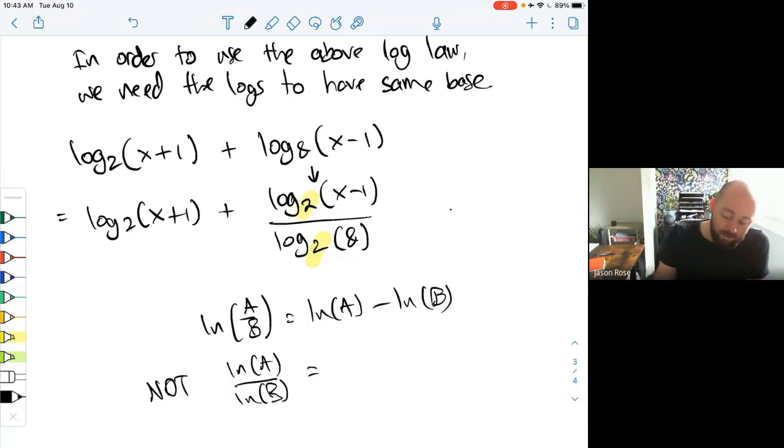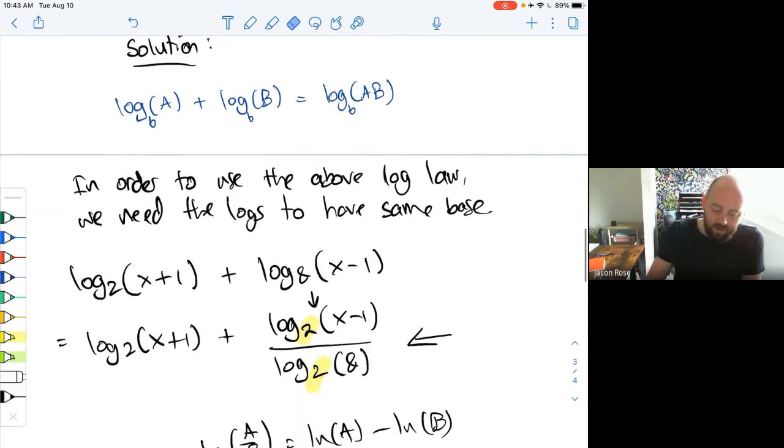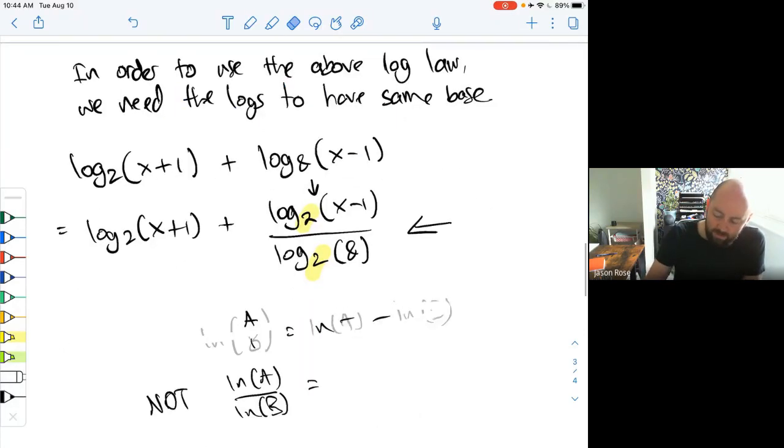But unfortunately, that is what we see here. We have a log of a over a log of b. So that log law won't apply. We do have a log law for addition, the one that I wrote up here. But how does that work if it's like over something else? What do you do here? So it looks a little tricky right now. I'm just going to take away this stuff that is now in the way.